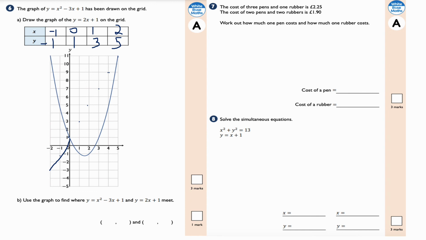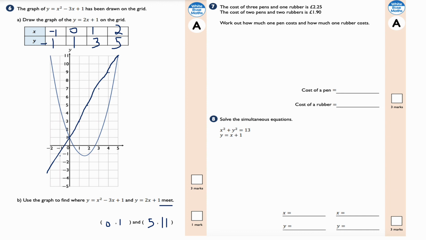But I can see here that the line intersects, or where they meet, is at these coordinates. So it's 0, 1, and 5, 11. I can check my answer by subbing these coordinates into these equations, and I will get the same answer.